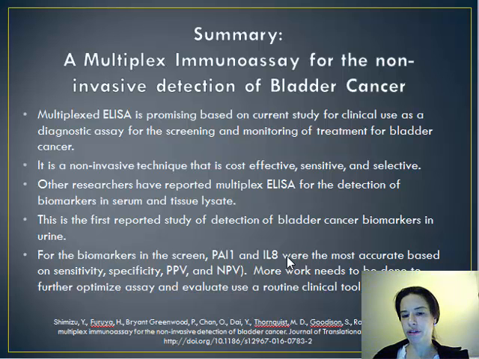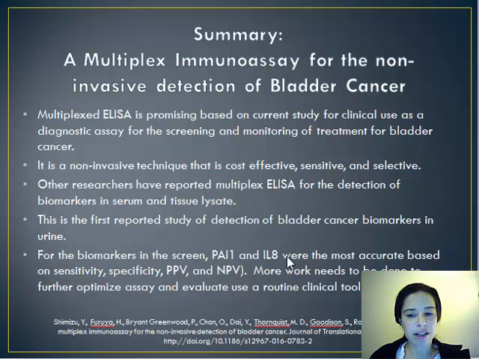And then other researchers have reported use of multiplex ELISA, but only in serum, blood serum, and in tissue lysate. So they've never really looked at urine itself, and so they could be missing out on pertinent biomarkers that actually come into contact with the bladder epithelial cells, those soluble biomarkers.